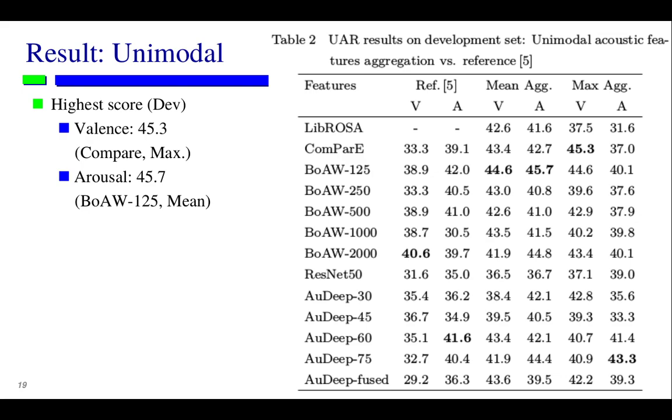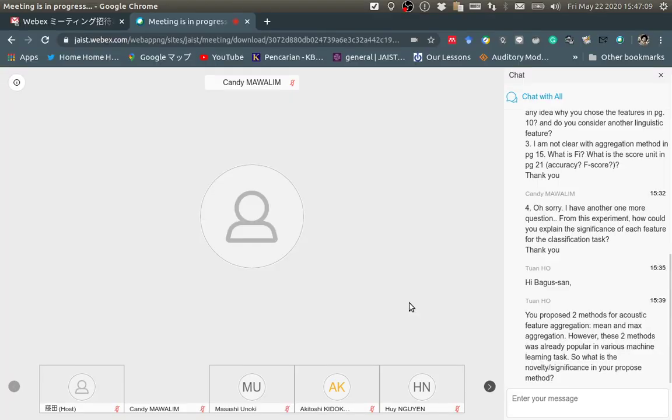For acoustic, I process chunk-based, but for linguistic it is based on the story or utterance. So different-level processing. I think that's the contribution of my proposed method. Does that answer your question?